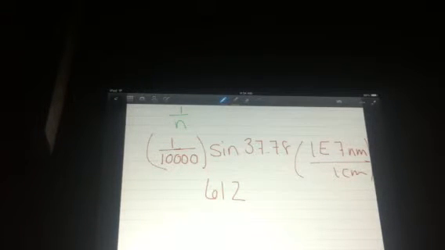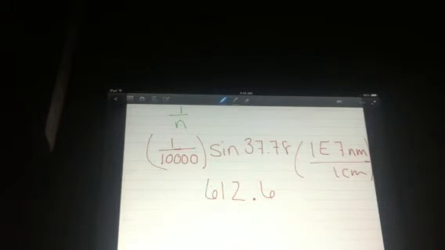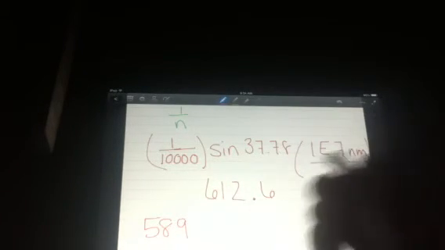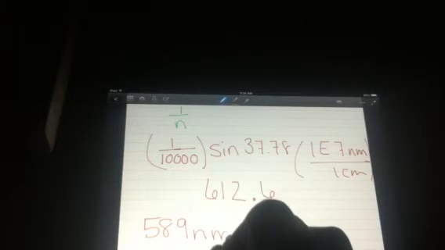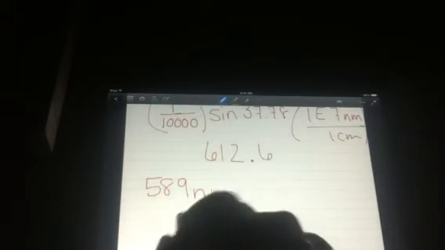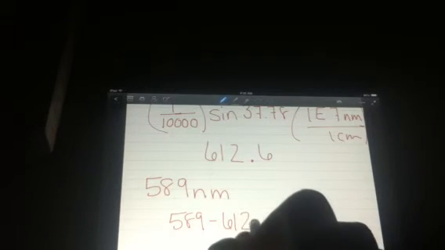The sodium is the only one that I'm going to give you an actual measurement for percent error. The rest of them you'll be checking on a chart to see if you're within the range. So for sodium, my actual measurement for my yellow is 589 nanometers. So I take my accepted minus what I found today.